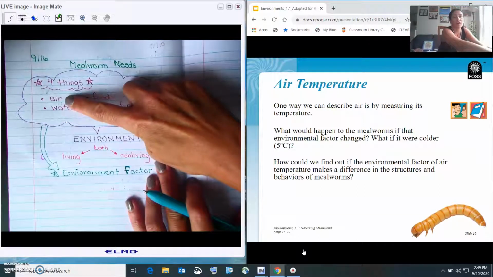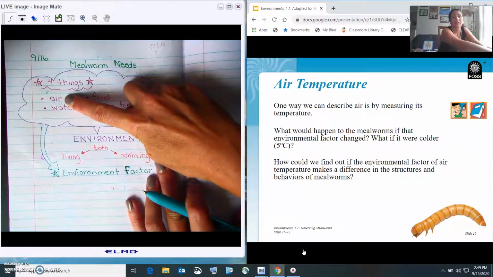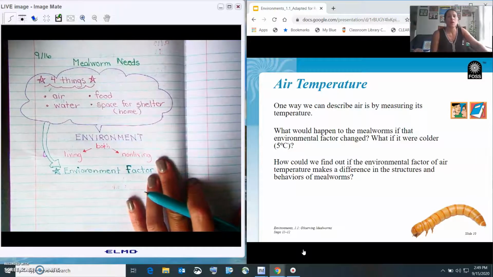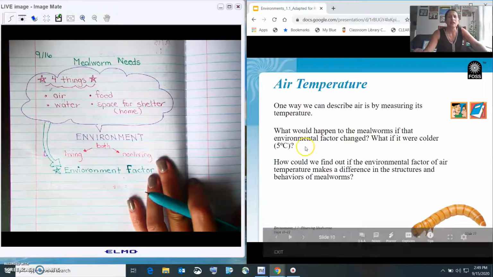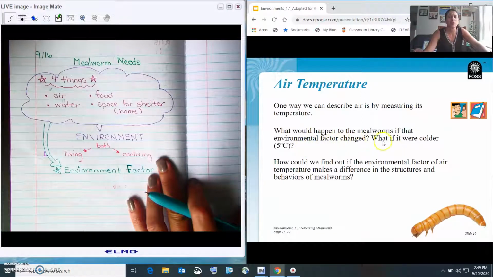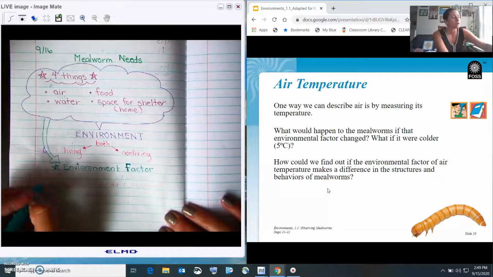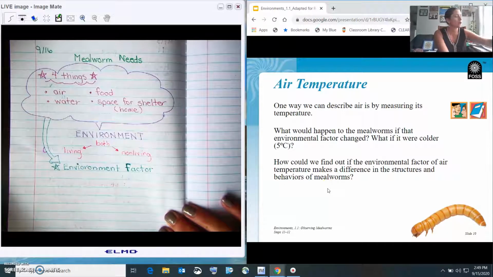The environmental factor that we're going to play with is the air, so we are going to change the temperature. The question is, what would happen to the mealworms if the environmental factor changed? What if it were colder? How could we find out if the environmental factor of air temperature makes a difference in the structures and the behavior of mealworms?